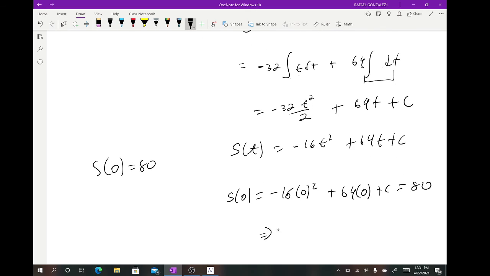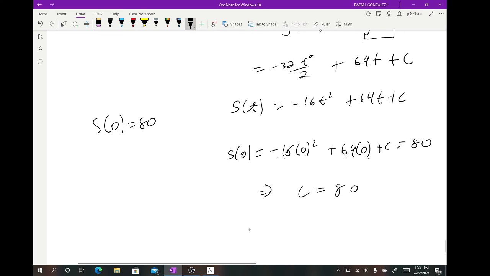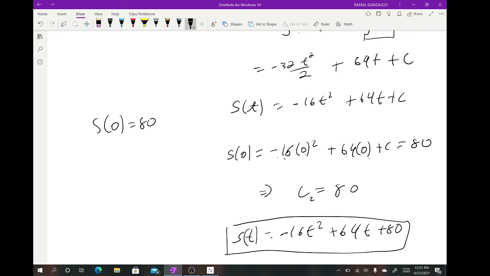Well, negative 16 times 0 is 0, 64 times 0 is 0, so we get c has to be equal to 80. So now we have that s of t is actually equal to negative 16t squared plus 64t plus 80. So we have now found what the position function must be equal to.